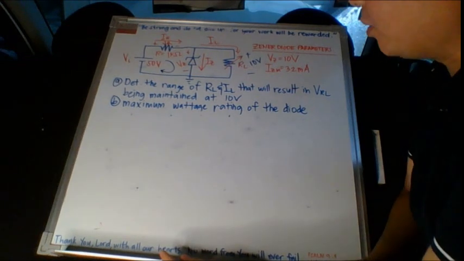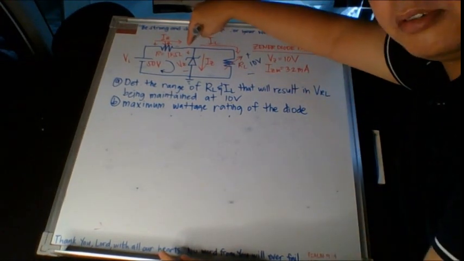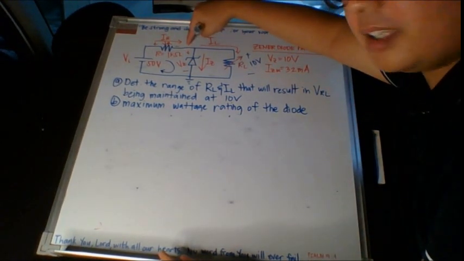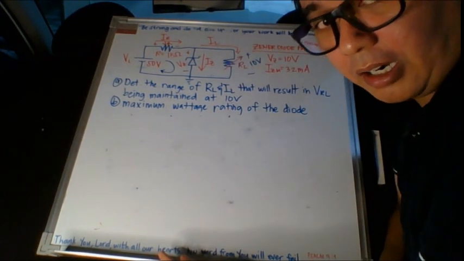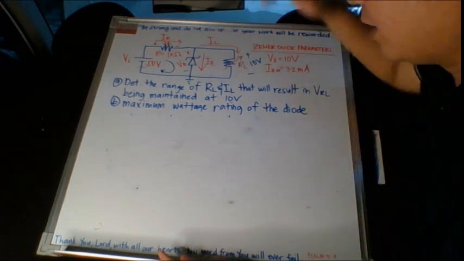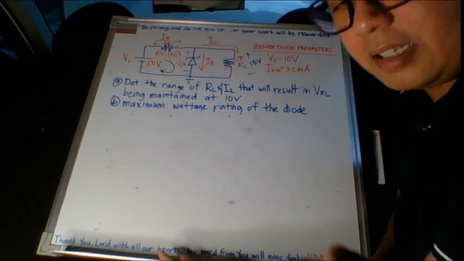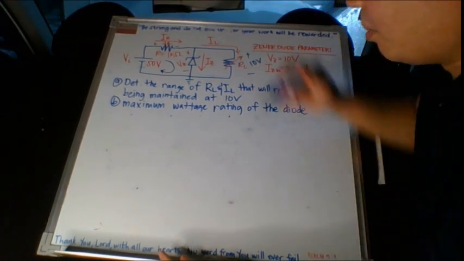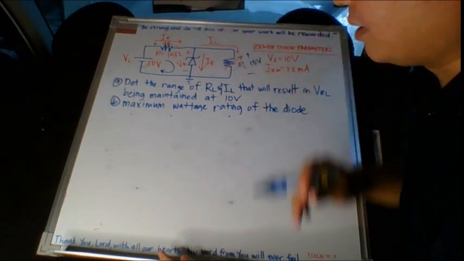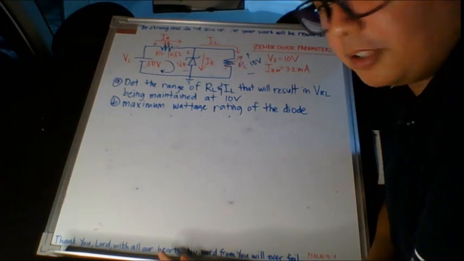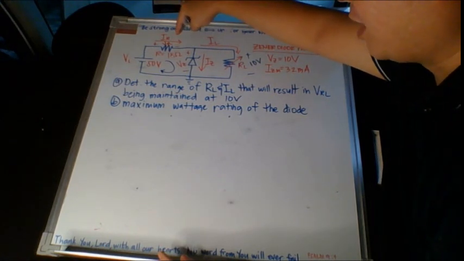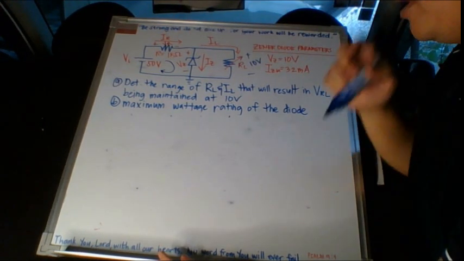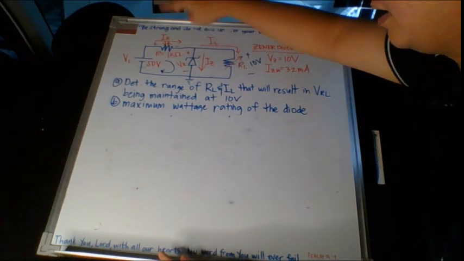After nating makuha yung V sub R, which is the voltage across the series limiting resistor, ay kukunin naman natin yung ating I sub R, which is the current na dumadaan sa ating series limiting resistor. Kung mapapansin natin dito, meron na tayong tatlong values. We have V sub R, we have I sub R, and we have R. Meron tayong dalawang known and one unknown.